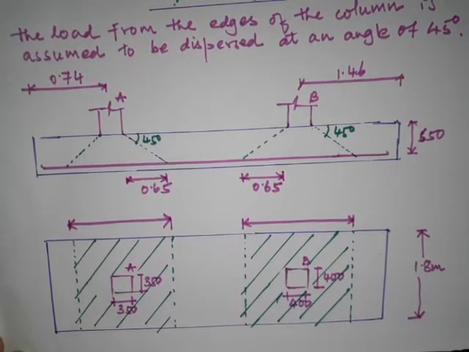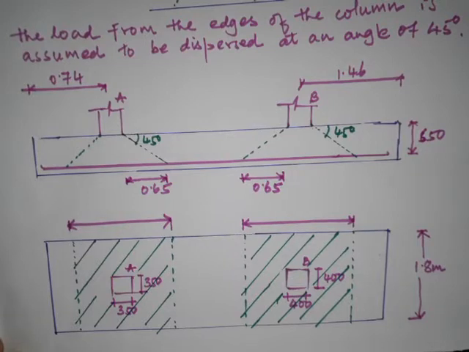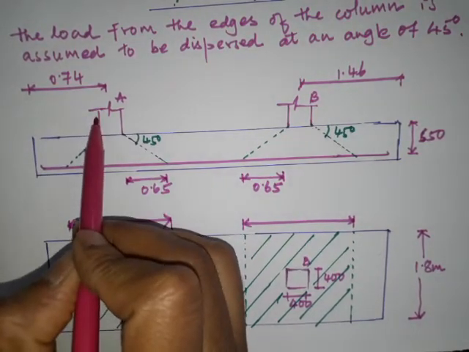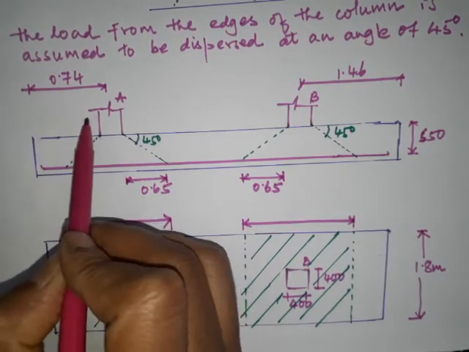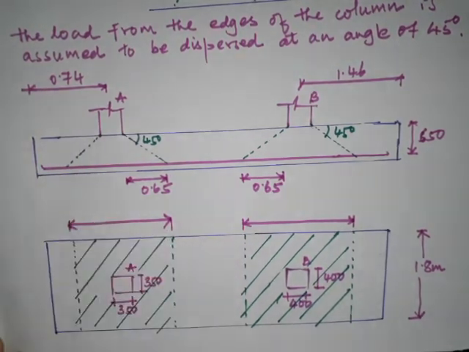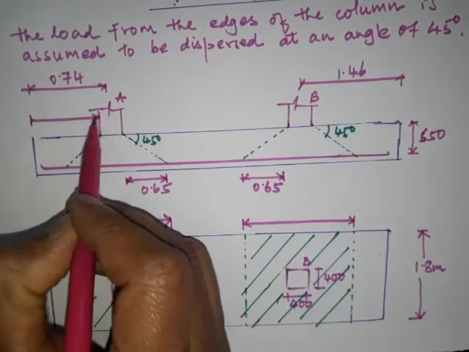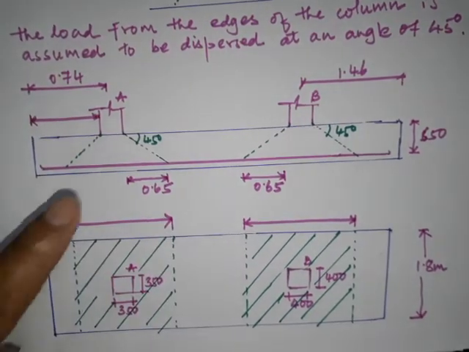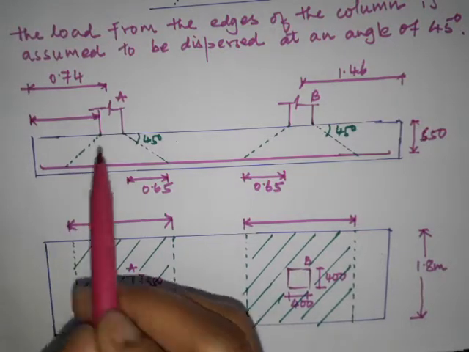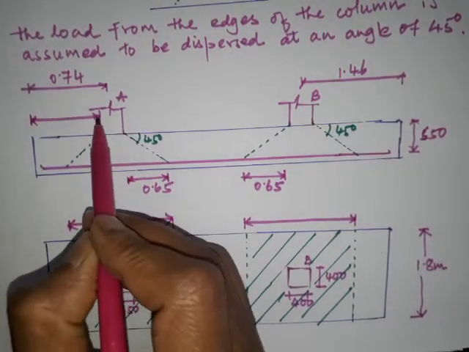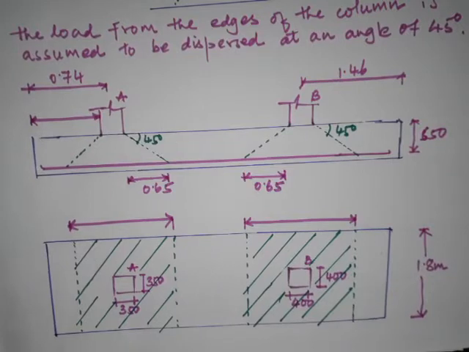In the previous problem, the available distance was less than the dispersion width. Now if you want to write this, I'll write this also. What is this? This is 0.74 minus 0.35 by 2, correct? Because this column size is 0.35, so we'll check here, 0.74 minus 0.35 by 2, so how much will you get?